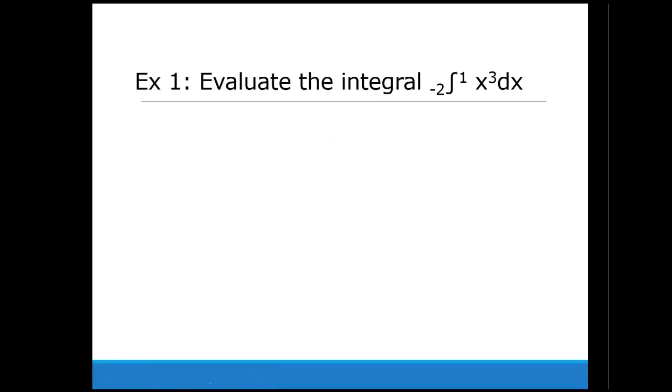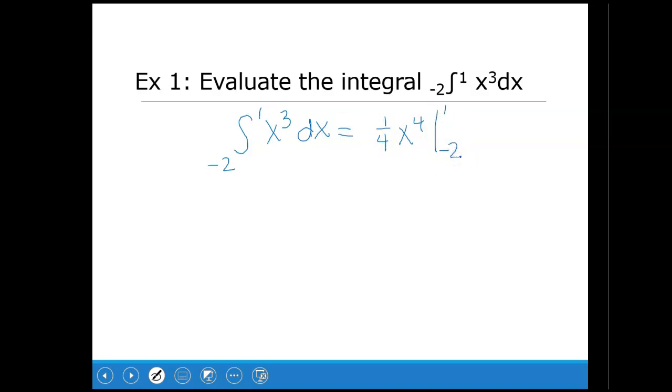So, for example, if I ask you to simply evaluate that integral, we're going to evaluate the integral from -2 to 1 of x cubed dx. That becomes 1/4 x to the 4th, evaluated from -2 to 1.